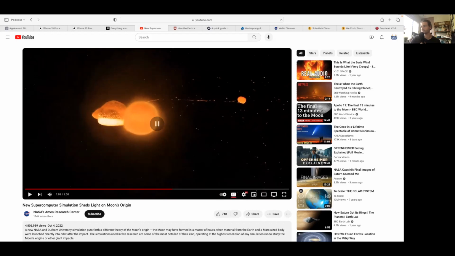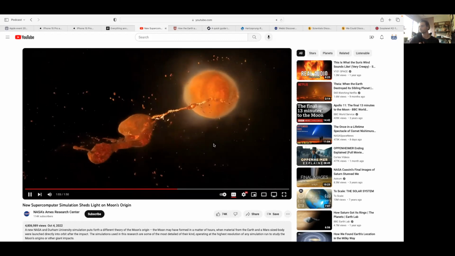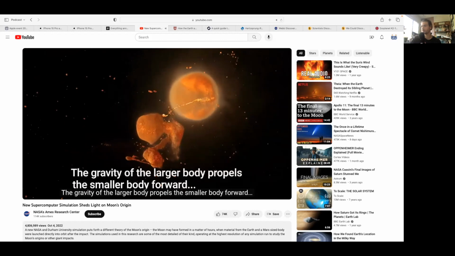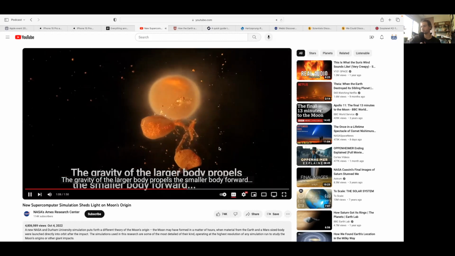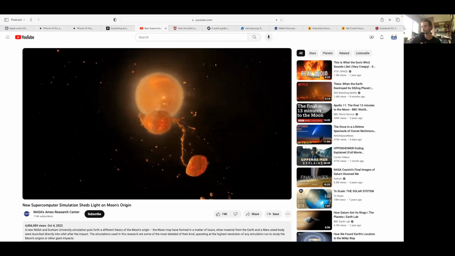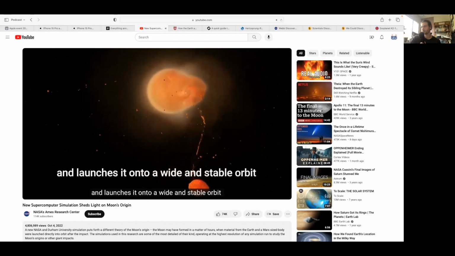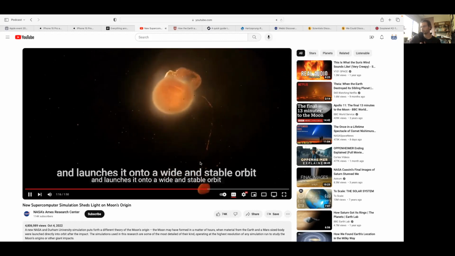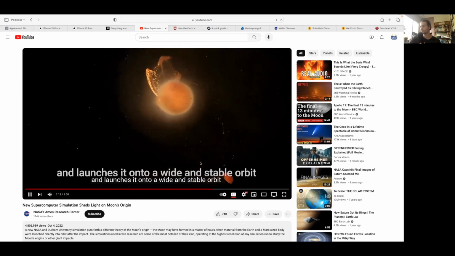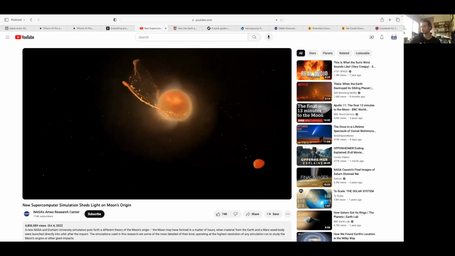And that rest is going to be drawn back into the Earth and become a piece of the Earth. The gravity of the larger body propels the smaller body forward. And as you can see, boom, that gets sucked in. And then that far right piece now turns into an orbit around our planet.